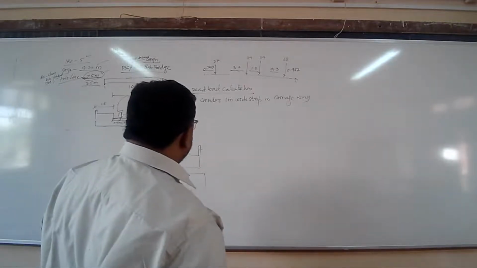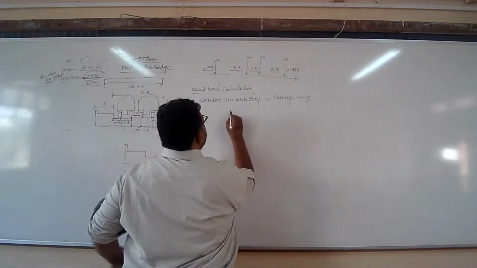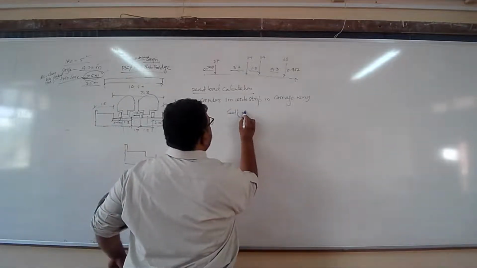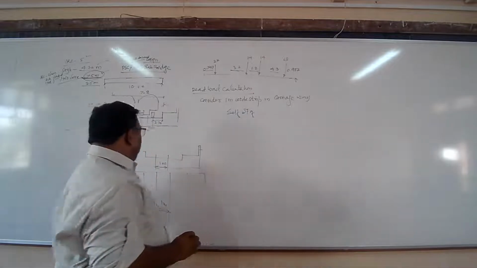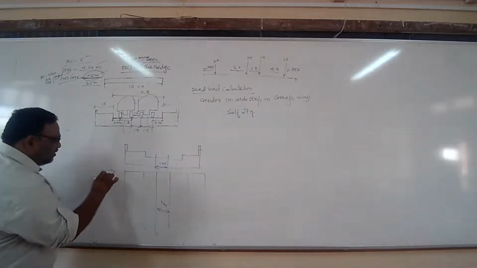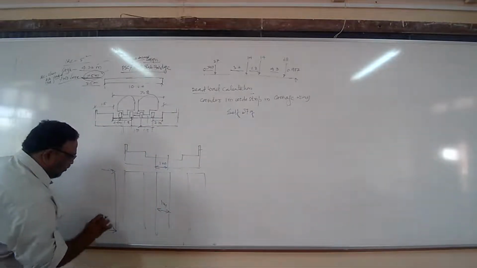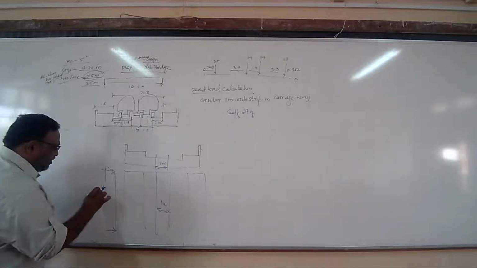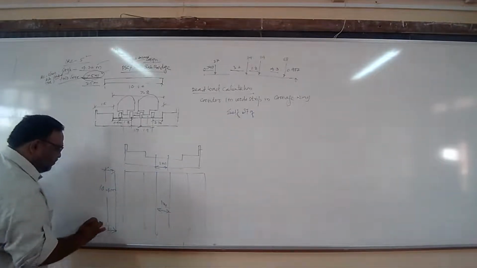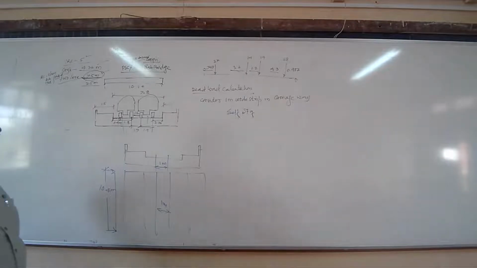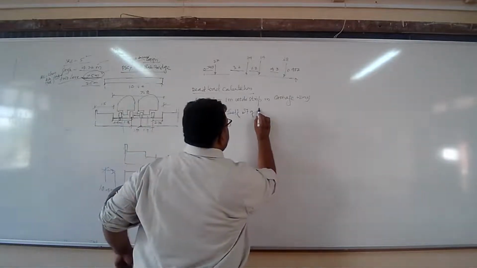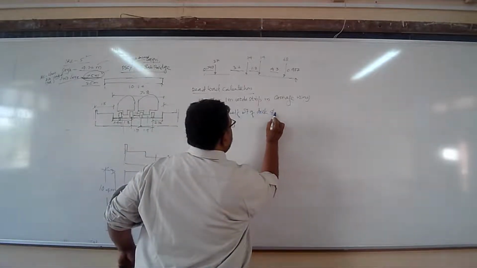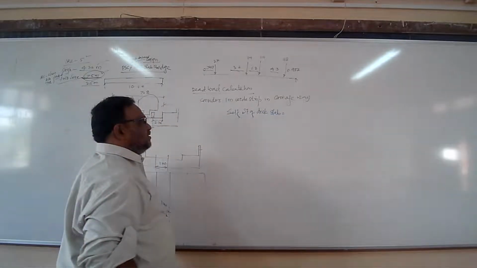So what should be here? Self weight of, because see, here is the support, here is the support. This total distance is 10.4 meter. Correct? Self weight of deck slab. How will you get?